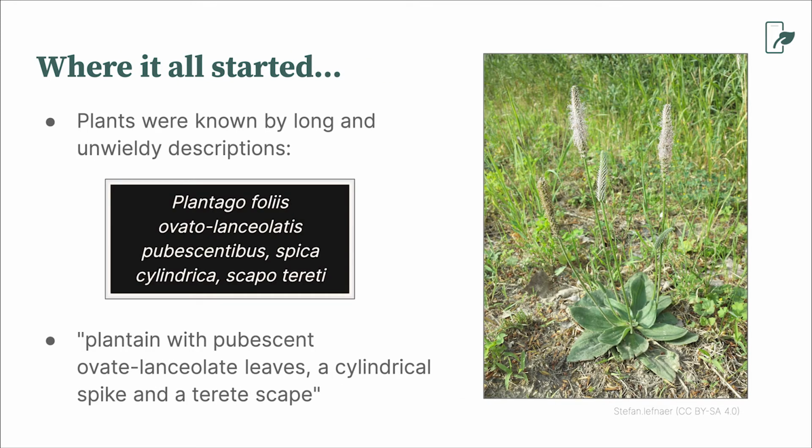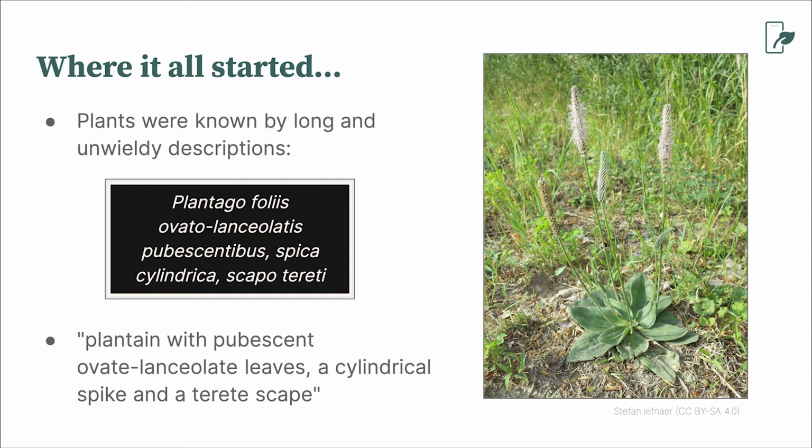In the old days, plants were known by very long descriptions, and these can get unwieldy very quickly. As you can see from this example, a plant label could have looked something like this: Plantago folius ovato lanceolatus pubescentibus spica cylindricus scapo teriti.